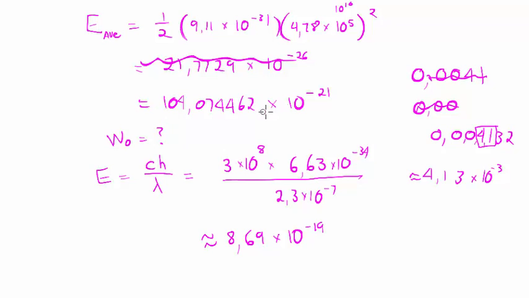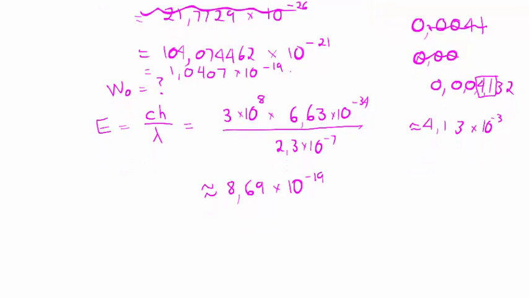This is the amount of energy that was left afterwards. So if I move the comma 2 more spaces, you'll see it's 1.0407 times 10 to the power of -19. So the difference between these two, this is how much I gave it, this is how much it ended up with.